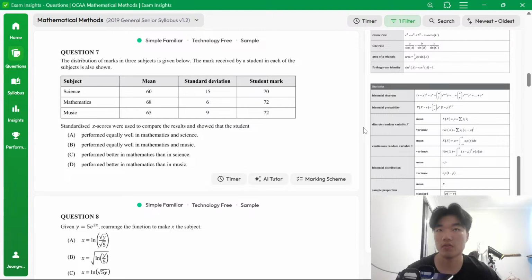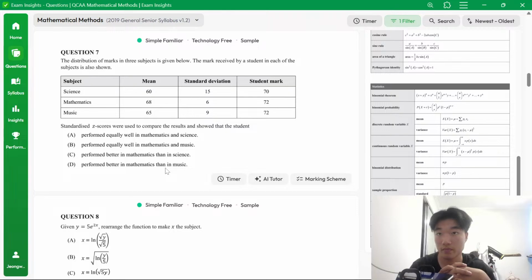The distribution of the student and each of the subjects is also known. Okay, so we're going to use that z-score formula. We need to use the z-scores to compare. You don't really need to do calculations for this. Let's think. The questions are just talking about involved.